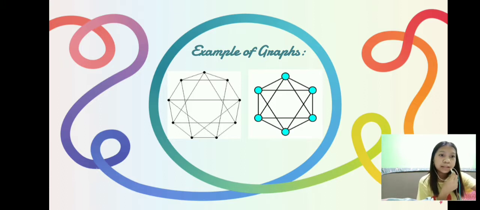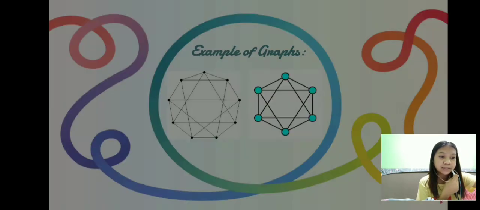Leonhard Euler, one of the most prolific mathematicians ever, looked at this problem in 1735, laying the foundation for graph theory as a field in mathematics.